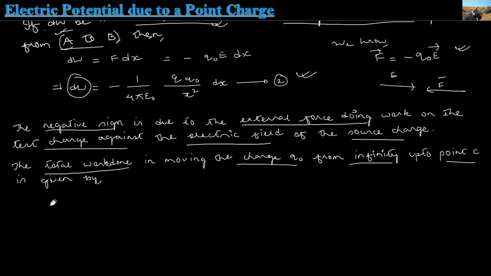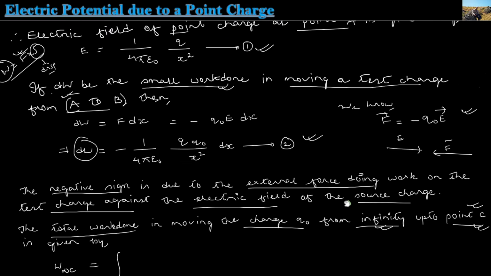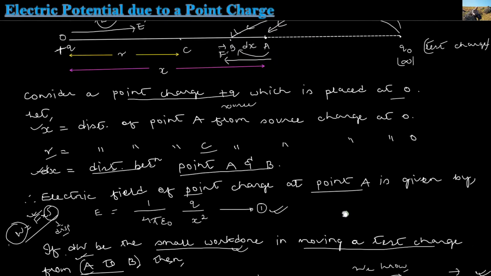So I will write W, the work done in moving the charge Q naught from infinity up to point C, as W infinity C. This will be the integration from infinity up to point C. What is the distance of point O up to point C?